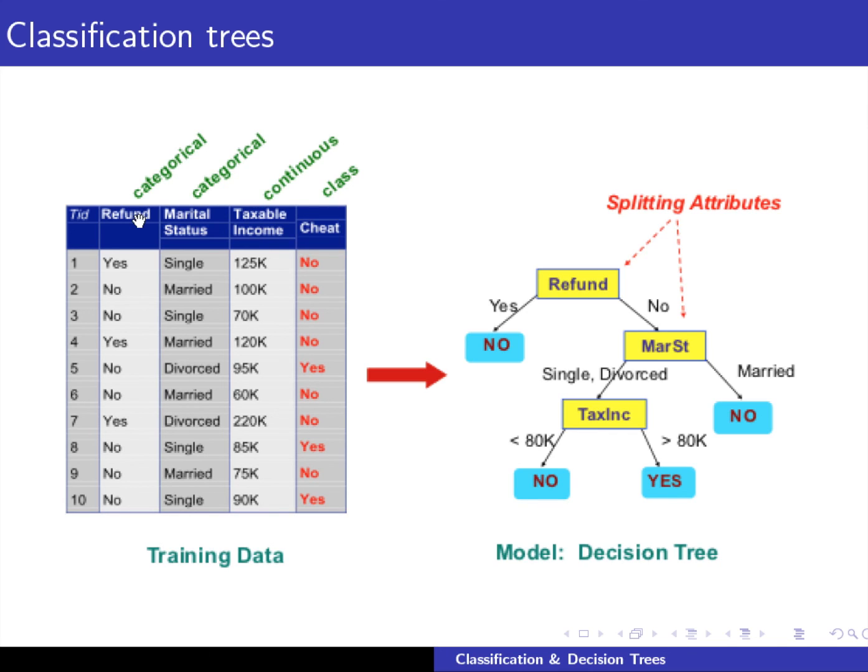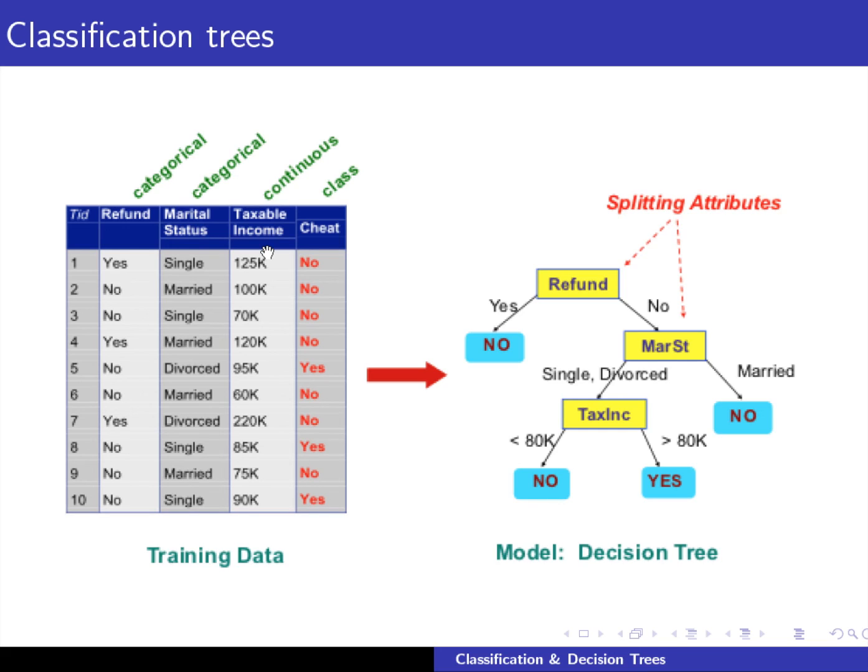If you had their tax return information, you could just look at the amounts. Person 1 got a tax refund, person 2 didn't, person 3 didn't, and so on. What's their marital status? Are they single, married, divorced? I think that's all we've got here, 3 options. And then we can look at how much income they made that was actually subject to tax. Here you can see things like 125K, 100K, and so on.